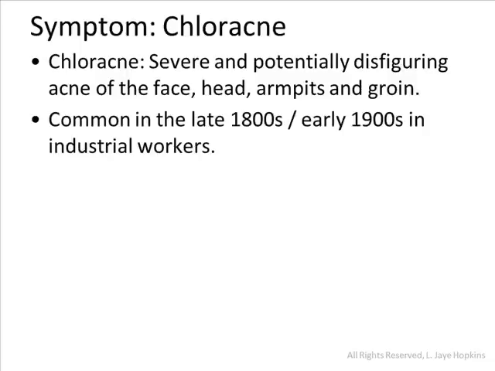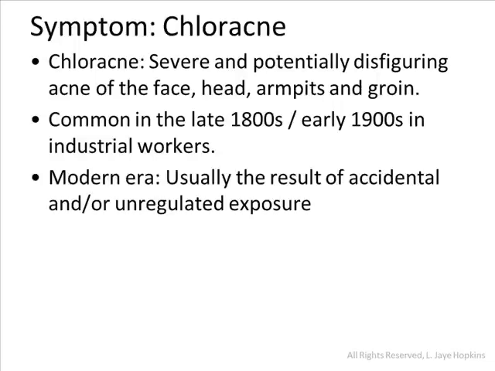It was actually quite common in industrial workers in the late 1800s and the early 1900s. That's because they were working with many of these newer chemical compounds, yet we didn't have the health and safety regulations to protect them that we do today. In the modern era, it's unlikely that any American worker would be exposed to enough of these substances to get chloracne.